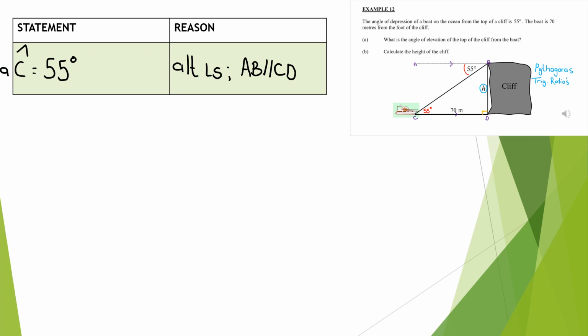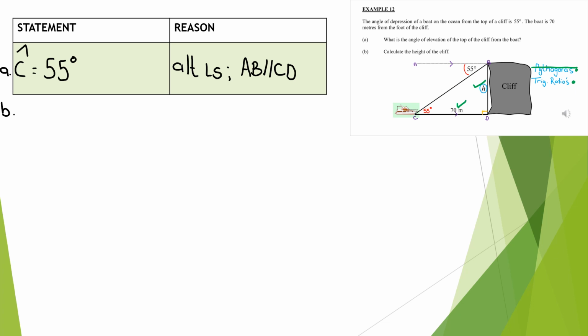Answer for A. Then for B, they are asking us to calculate the height of the cliff, and I said to you, you have two options, Pythagoras or the trigonometric ratios. Pythagoras would only work if you have two known sides and an unknown side, but we don't have two known sides, and so Pythagoras is not the one.